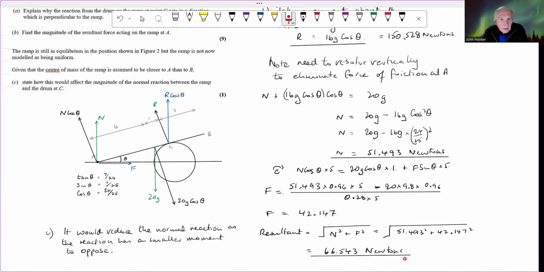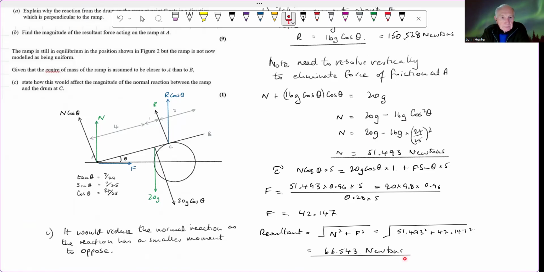So that is the magnitude of the resultant force acting on the ramp at A. So we've used rotational forces to find R, linear forces to find N, and then rotational again to find F. So quite involved really.